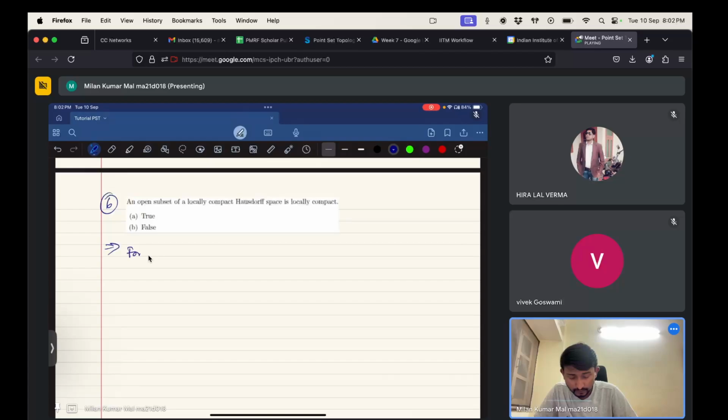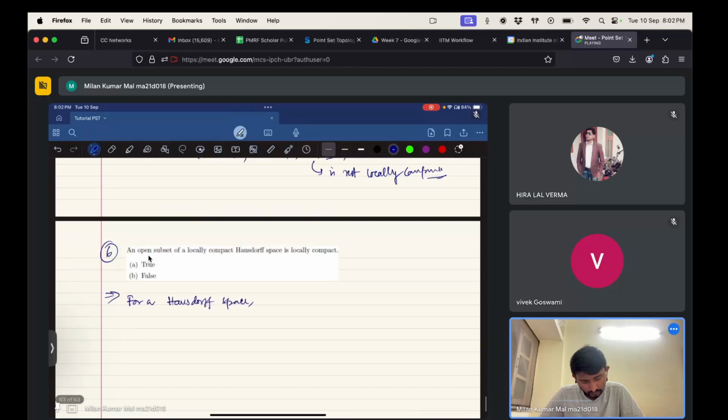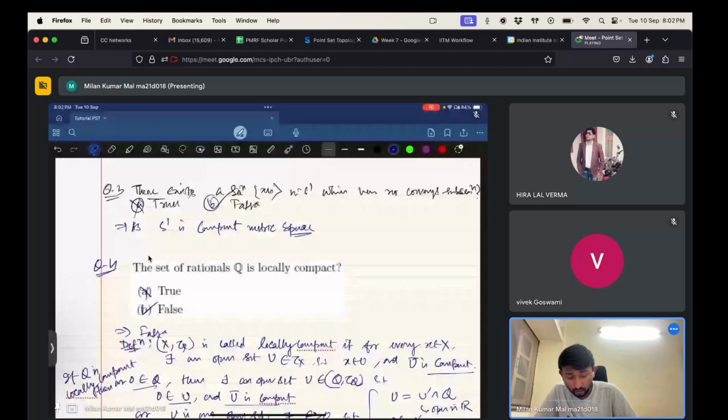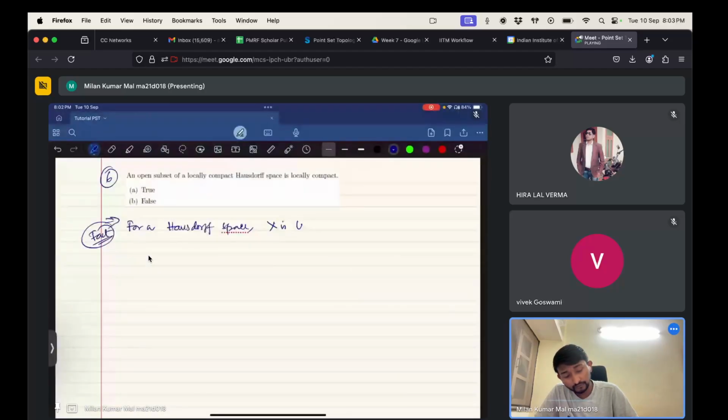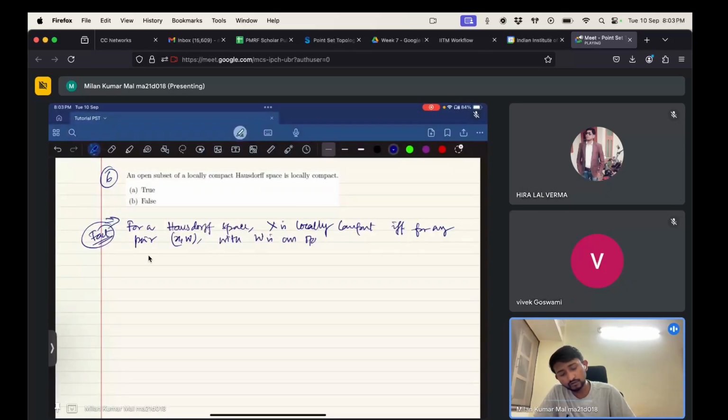For a Hausdorff space, this is a fact, a theorem: X is locally compact if and only if for any pair x and W, with W an open set and x belonging to W, there exists an open set V such that x belongs to V, subset of V closure, subset of W, and this V closure is compact. This is also one generalization.